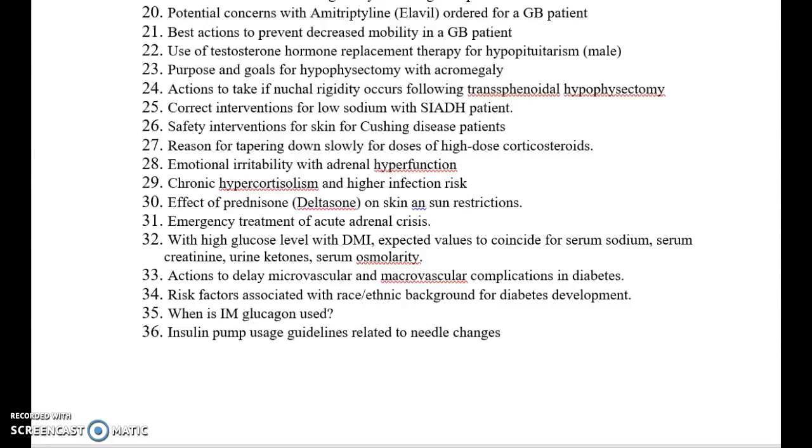High glucose level with diabetes. Just think about your patient that would be in DKA. If their glucose is very high, plot out for yourself what you would expect the serum sodium to be, the serum creatinine, urine ketones, and serum osmolality, so that you would know what levels to expect.